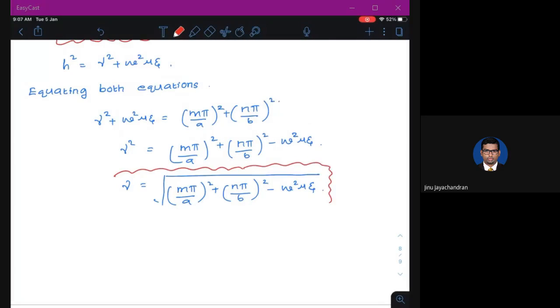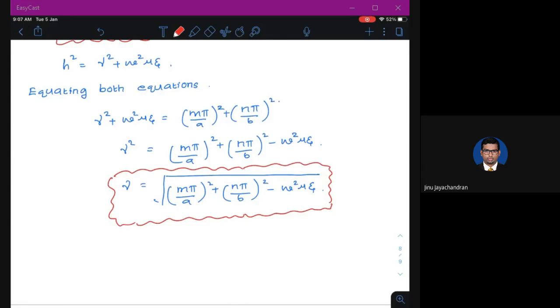Now we are going to look at what are the possible values of m and n for which you have a wave inside a waveguide. We will see that there are some values for m and n for which there won't be any wave, and for some values of m and n there is a wave. Okay, so we are going to find out what are all the values of m and n for which you have a wave inside a rectangular waveguide.